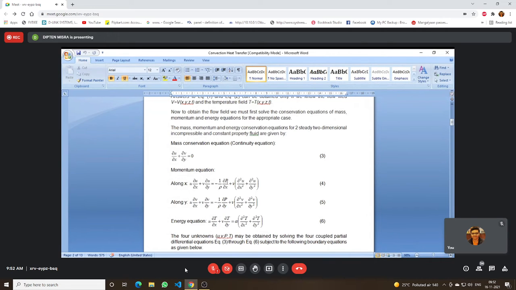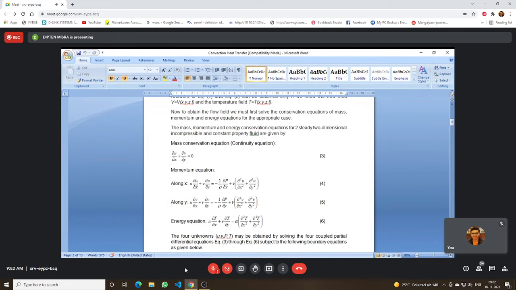So now we have three unknowns, and fortunately we have three equations, because there is another momentum conservation equation along y that is very similar. Only thing is that it is like an operator u del del x plus v del del y operating on u. So similar to that, u del del x plus v del del y operating on v, the velocity component. Otherwise, it is similar in form.